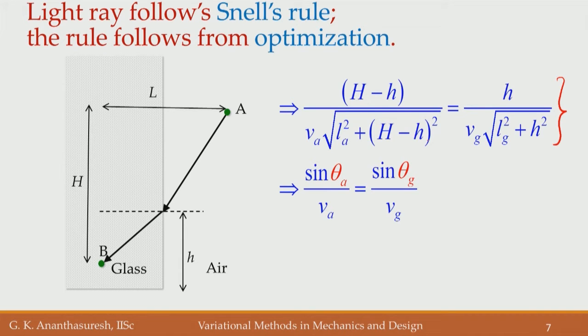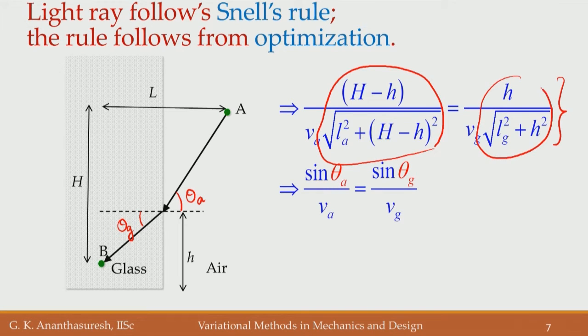Now, we recognize that this part, the one that I am circling now, is nothing but sin theta A, where, if I indicate that this is the angle with the normal, let us say this is theta A. That would be H minus h, which is this one, divided by this quantity that we have, this hypotenuse. Okay. So, that is sin theta A, and this other part is sin theta G.